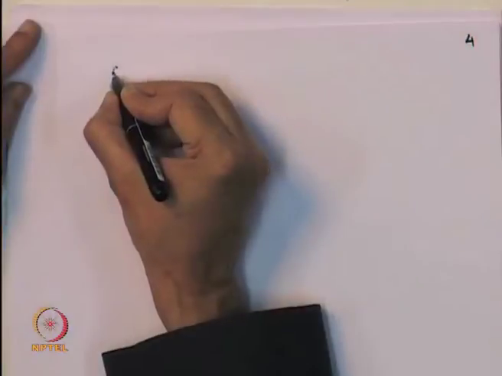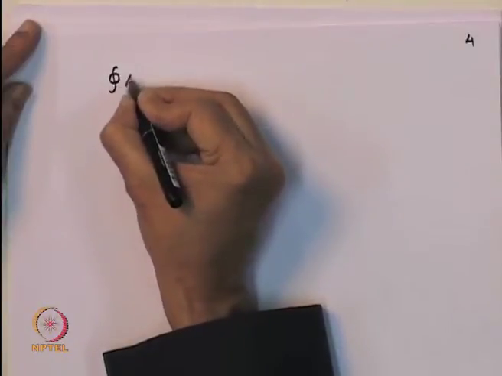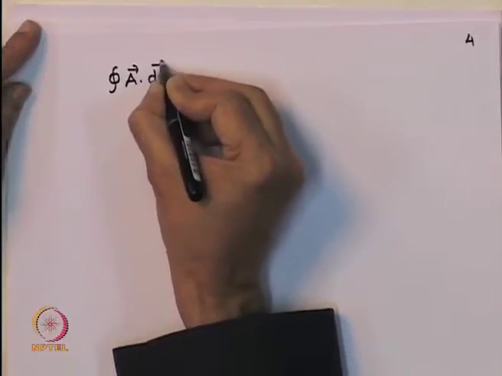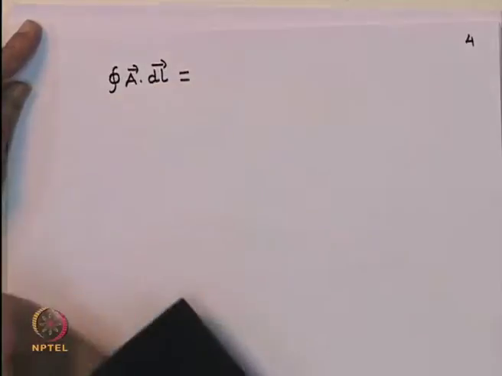There is another trick which turns out to be very useful, and that is that we know that I can directly connect or relate an integral of the vector potential with the flux, and that is done this way. Supposing you are to calculate A dot dl, that is the line integral of the vector potential along any closed loop.